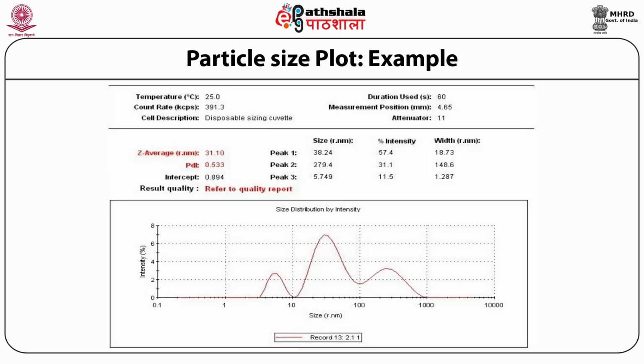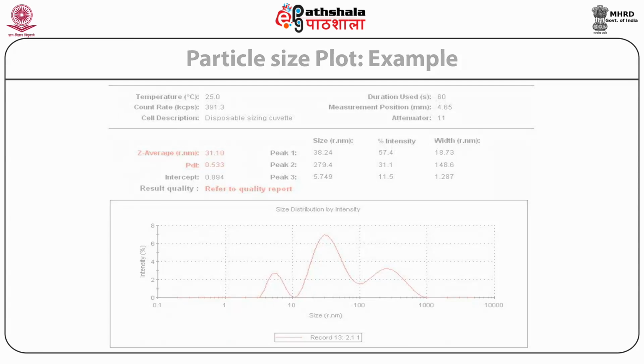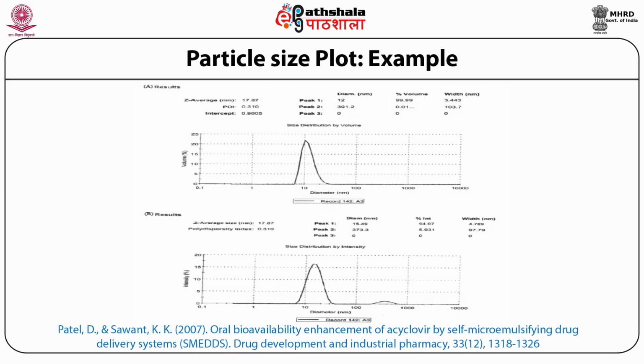And since we have 3 different peaks, we have a PDI of around 0.533, and this is the reason this microemulsion system is not considered a good microemulsion.